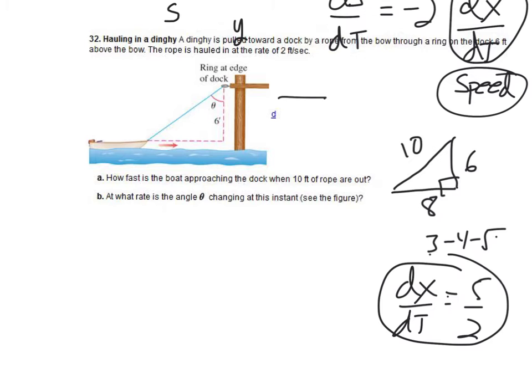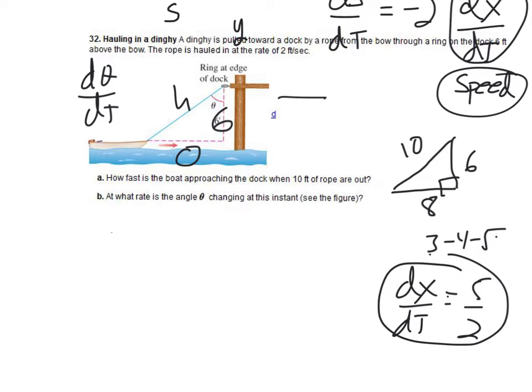Okay, then for part B, what they're asking us is d theta dt, how fast that angle is decreasing. Here, I'm going to write that up here, d theta dt. And let's erase that. There's a couple of ways to go with this. We know this is a fixed side, and we want to know that angle. So here's the opposite side, here's the hypotenuse.